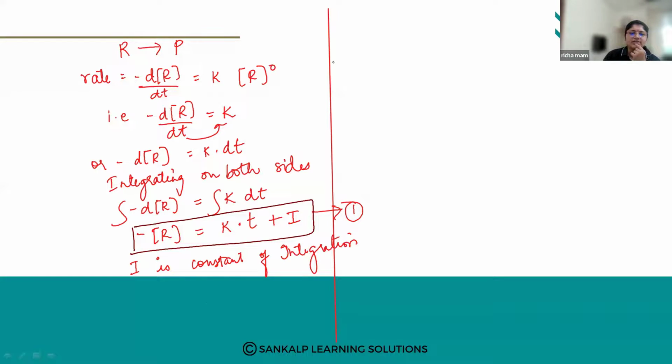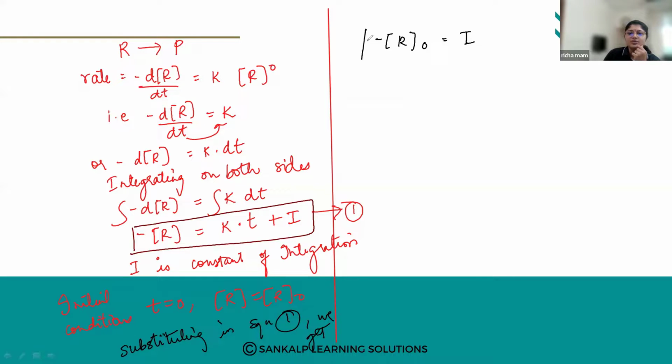What are the initial conditions? At initial conditions, t is equal to 0, R will be equal to R naught. Substituting in equation 1, we get minus R naught is equal to k into 0, so that term will be 0.